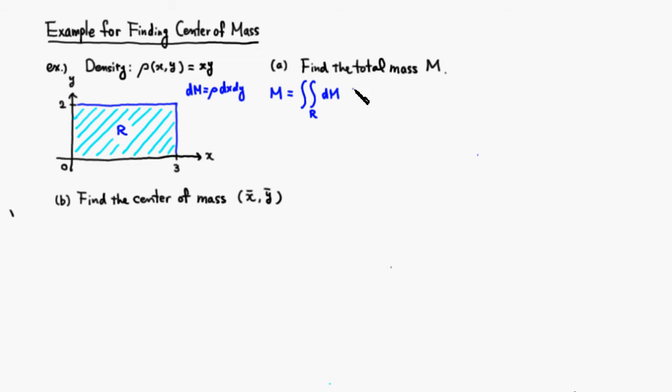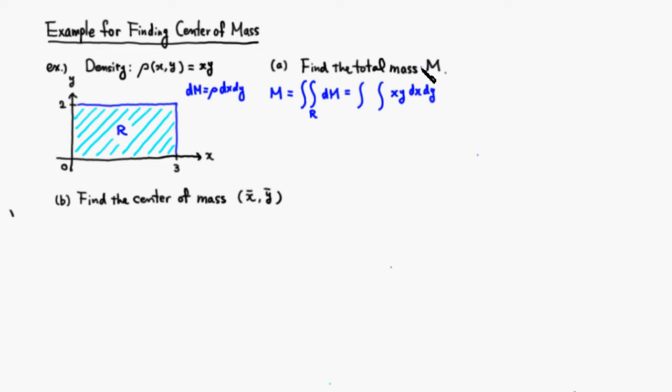So we have a double integral. Rho is xy, so you have xy, then we have dy dx, or dx dy, that doesn't matter.